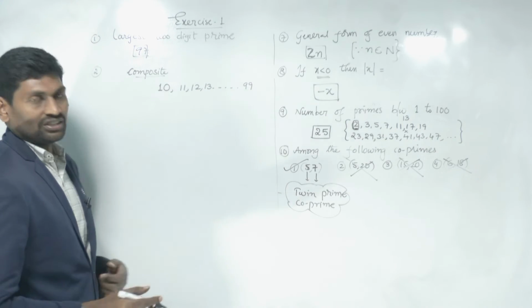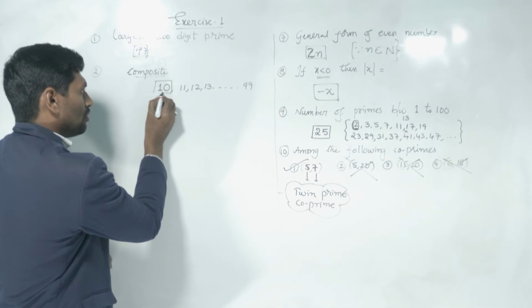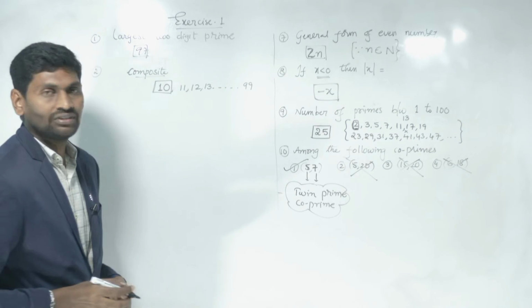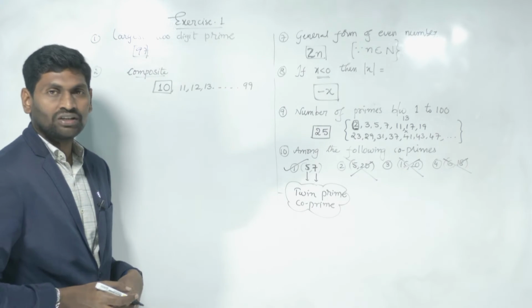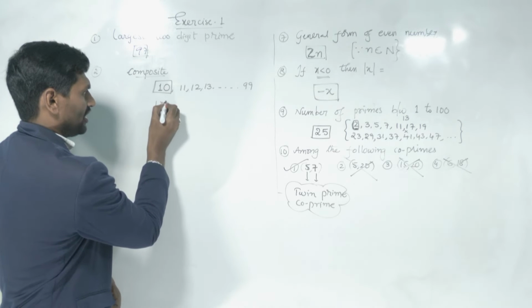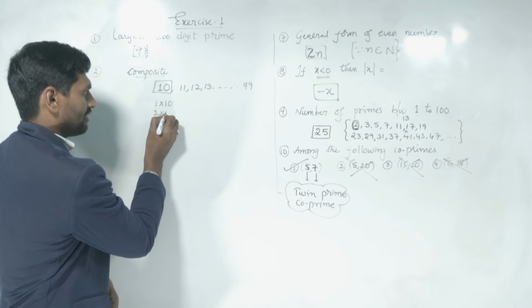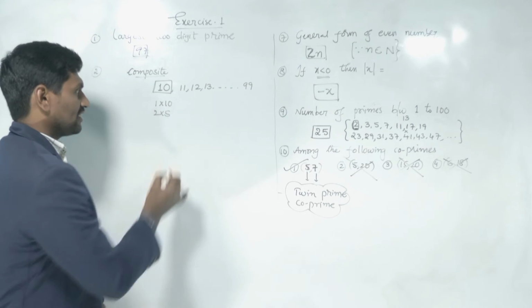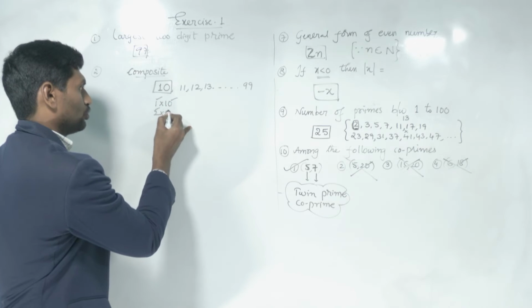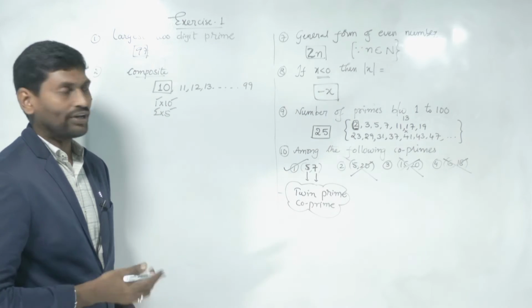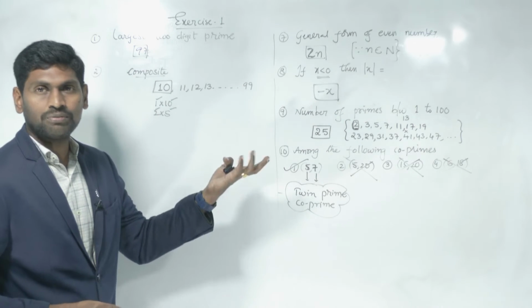Least 2-digit number. So let us check whether 10 is a composite number or not. Yes. 1 table is coming, 2 table also, 10 will come. Here we got 4 factors: 1, 10, 2, 5. More than 2 factors means composite number.